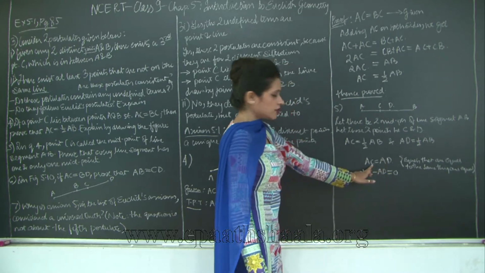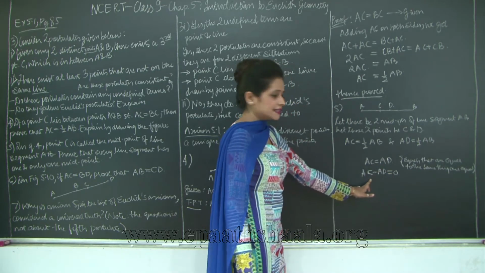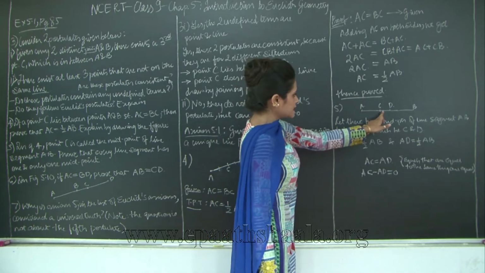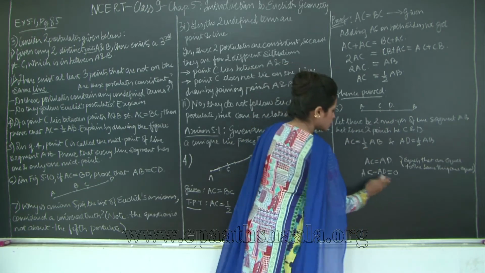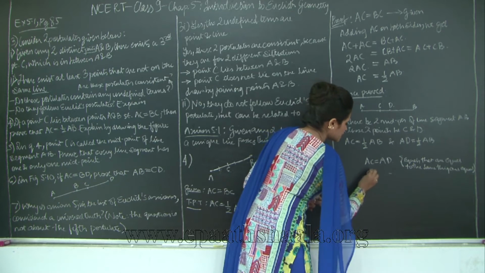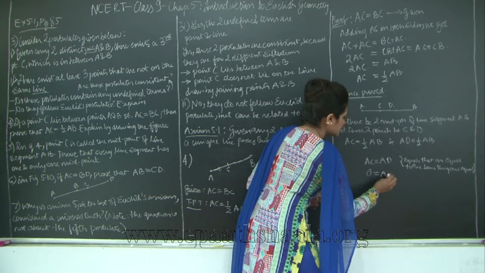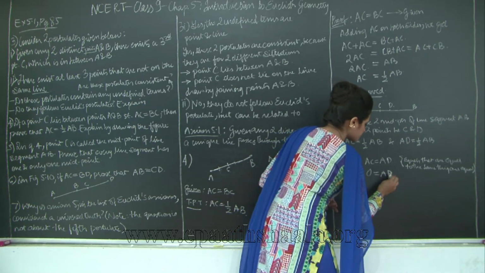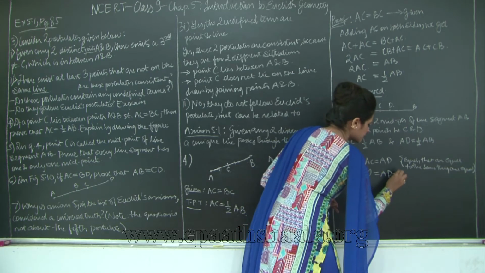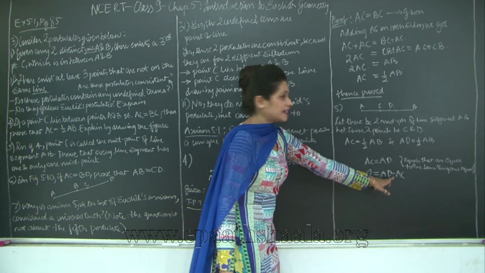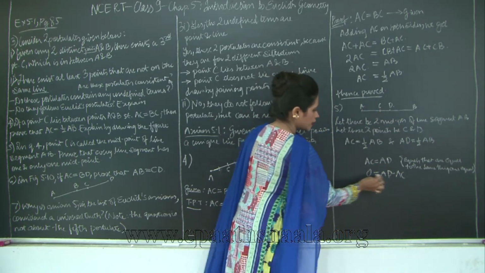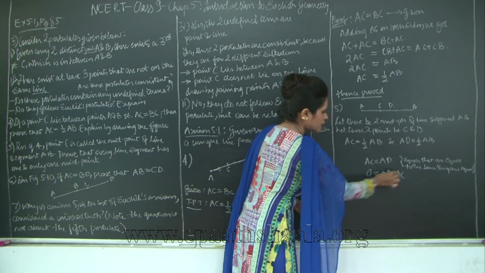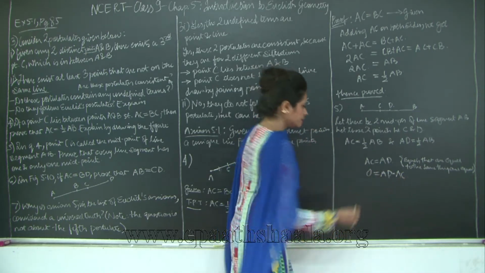Correct? So what is AC minus AD? It's actually AD minus AC in this case. So I'll say 0 is equal to AD minus AC. Why did I take AD minus AC? Because AD here is the larger part and AC is the smaller part. So AD minus AC is 0.